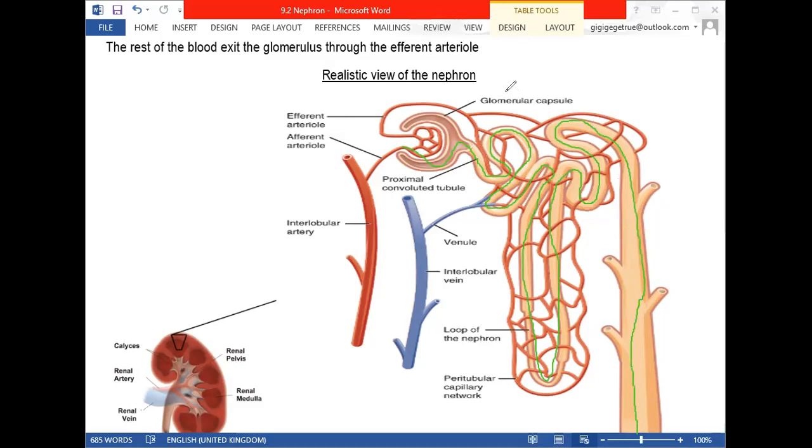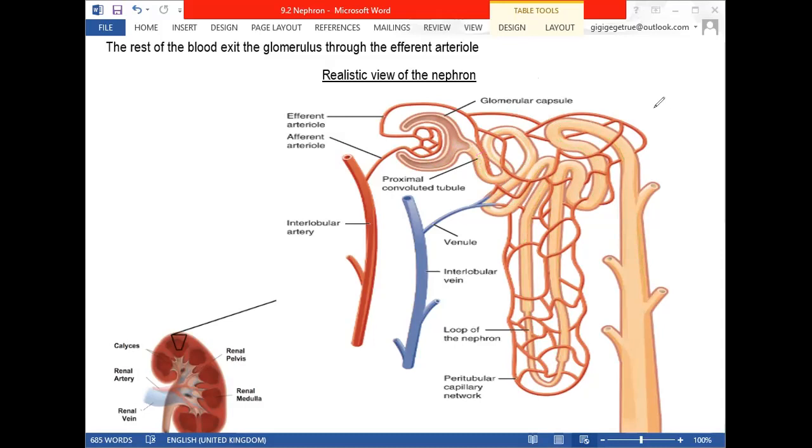In other words, reabsorb refers to when you move from the renal tubule into the blood.